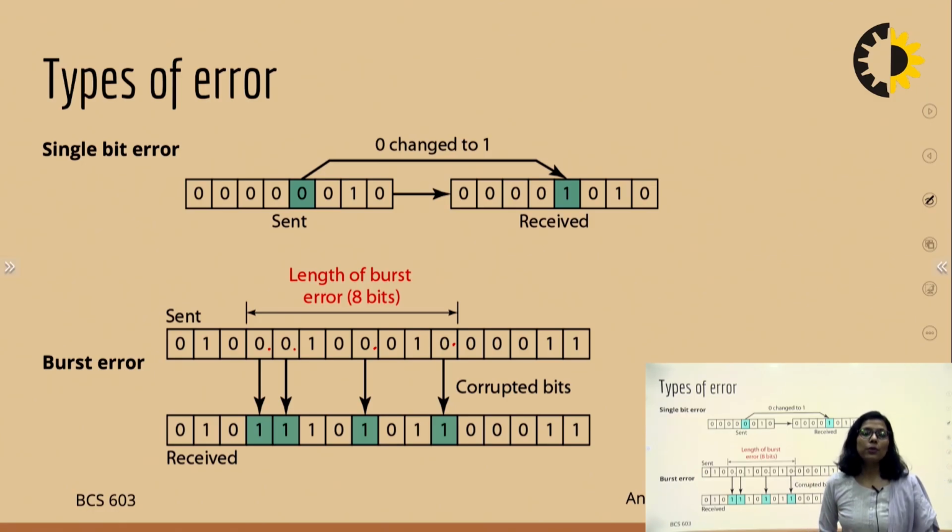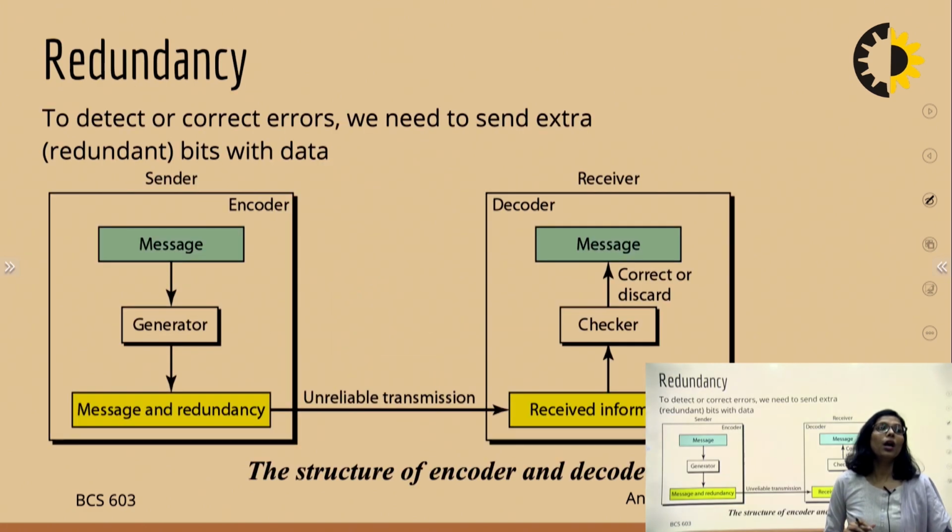So there are 2 types of error that we are going to tackle, and the purpose of the data link layer is to ensure that whatever data we are transmitting is transmitted in a way that the receiver is able to recognize that yes, the data has been corrupted. To ensure that whatever data is being transmitted is received correctly, we are adding some redundancy.